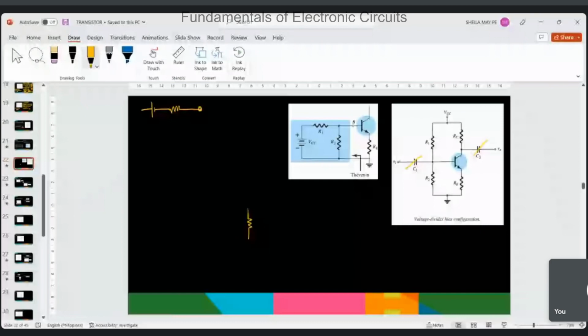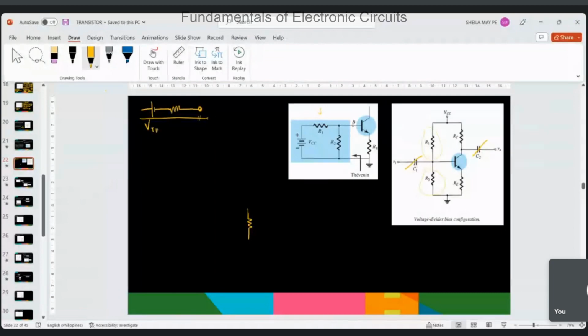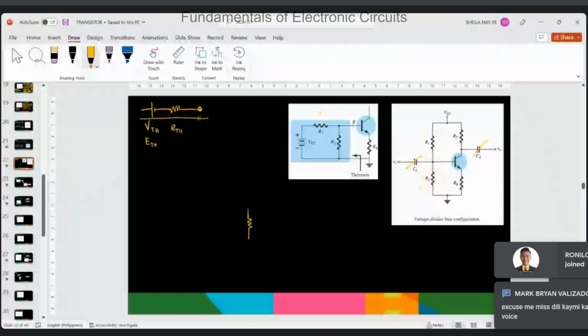Look here, this is our R1 and below it R2. In order to look for our Thevenin voltage, that is Thevenin voltage, and this is the Thevenin resistance or resistor, and this is our output.